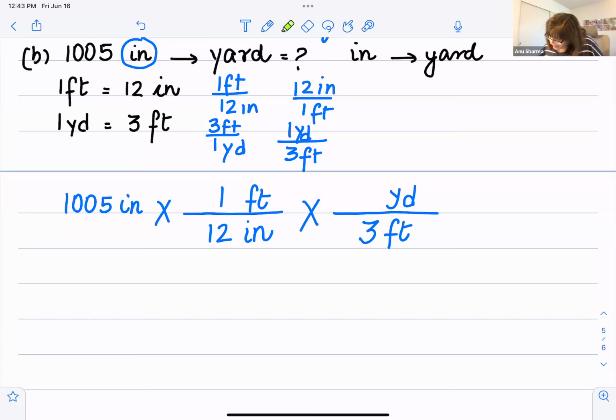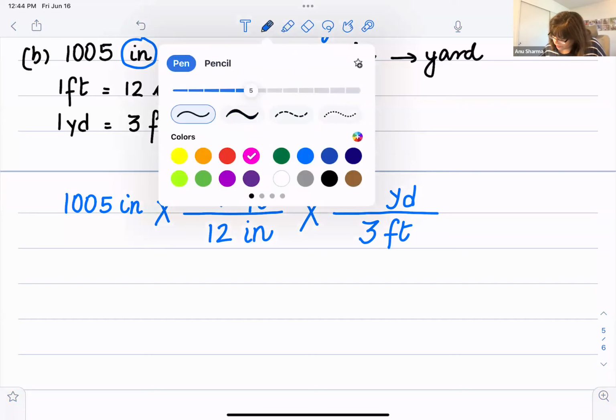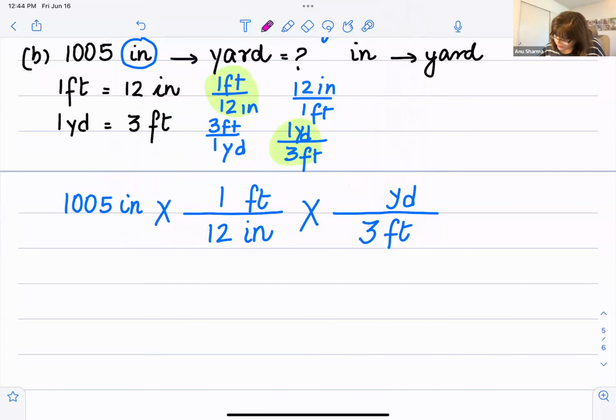You're going to use 1 yard over 3 feet, and you're going to use 1 feet over 12 inches. These two conversion factors allow you to cancel out these units. So you see this now, 1 yard.